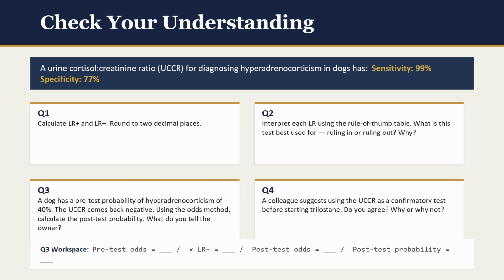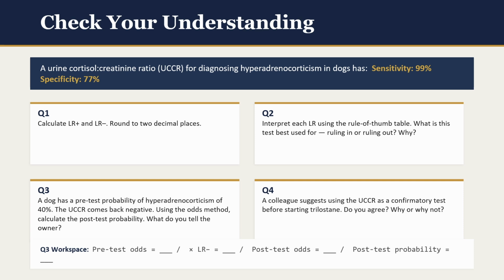Question 2. Interpret LR positive of 4.3. This falls within the small increase range of 2 to 5. A positive UCCR modestly raises the probability of Cushing's, but it's not strongly confirmatory. LR negative of 0.013 is below 0.1, a large, often conclusive decrease.